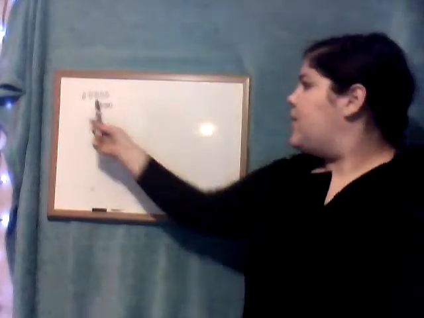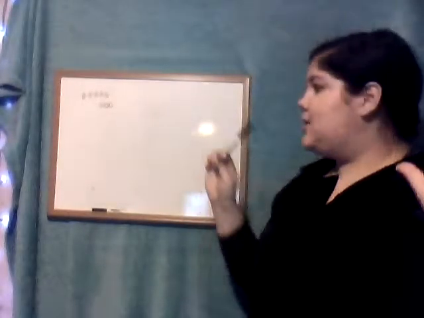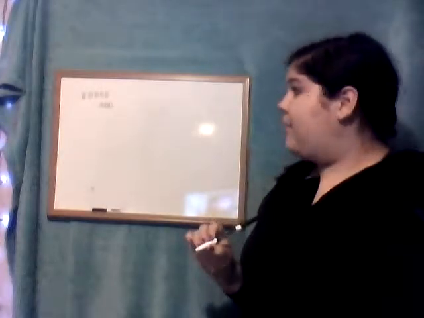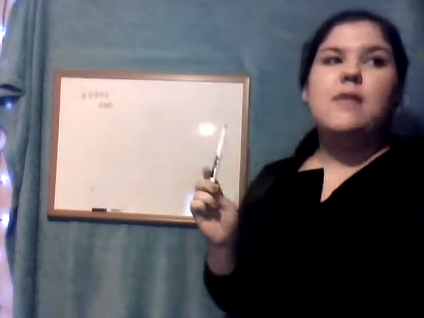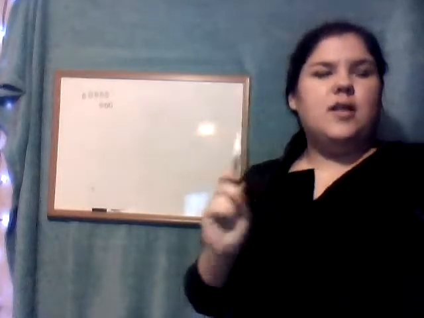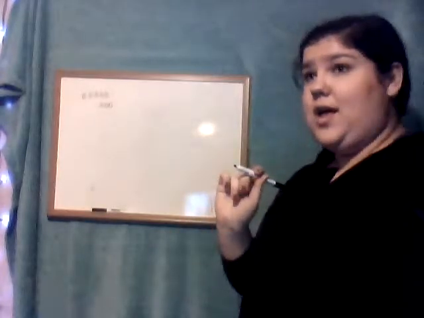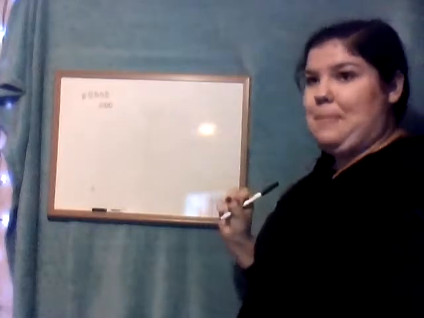So what would our equation be? She had 5 eggs to begin with, and then she bought 3 more. 5, yep, plus 3. Okay, and I want to write this vertically. So what does that mean? I'm going to write it what? Yep, up and down.